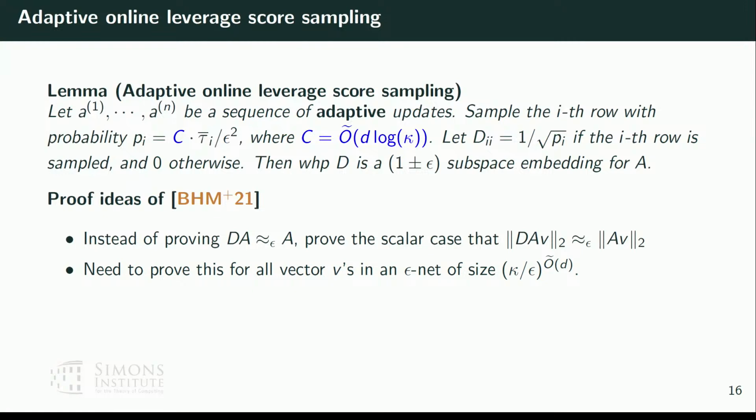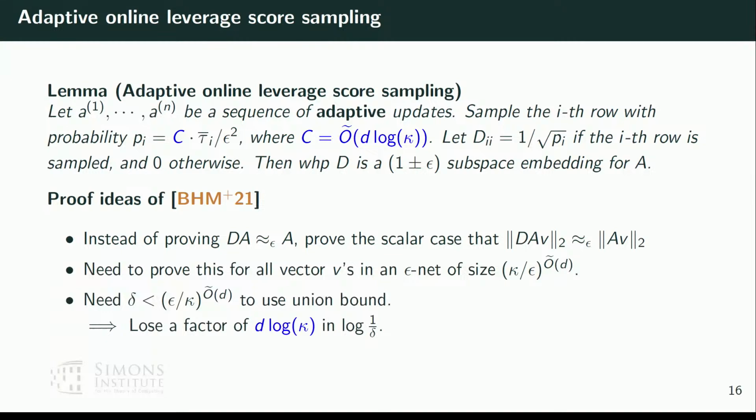The size of the epsilon net is roughly kappa over epsilon to the order D. Then by using a union bound over all the V's in the epsilon net, they will need to have a dependence on log 1 over delta, and the log of this thing is roughly D times log kappa. I'm hiding some log 1 over epsilon here. This is also the reason why we lose a D times log kappa factor: it exactly comes from using this union bound for the scalar case.